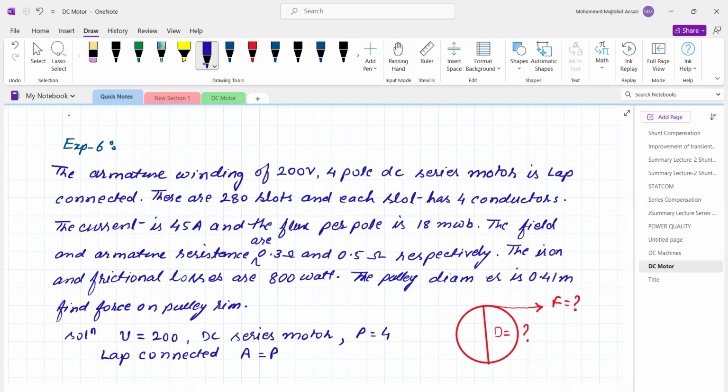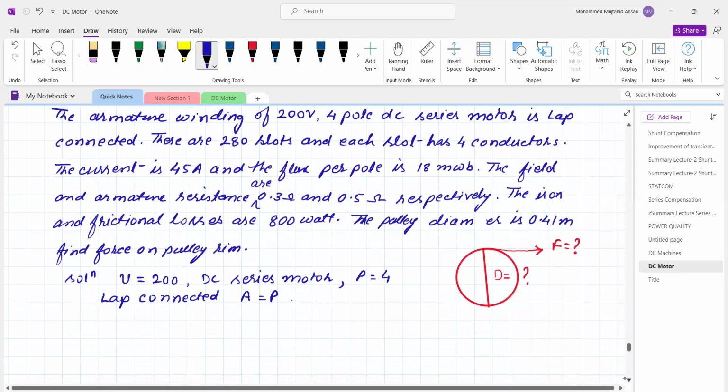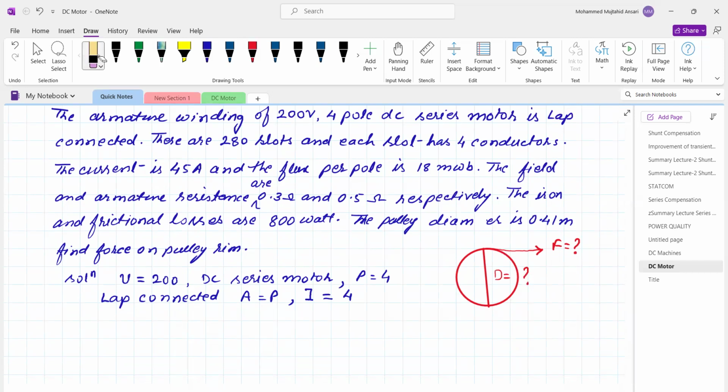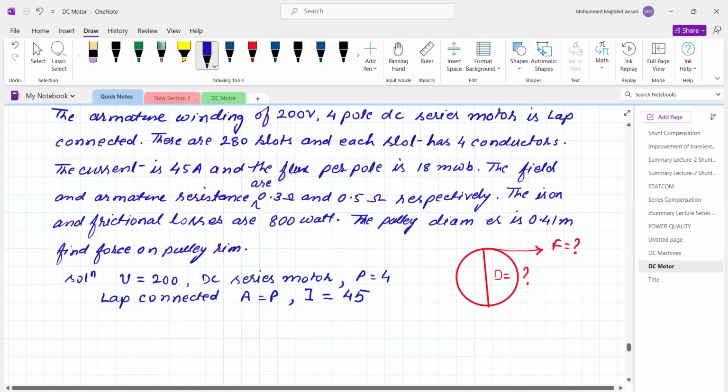The current is 45 ampere and the flux per pole is 18 milliweber. So the current drawn by the motor, the armature current, is equal to the series current, which is equal to the load current since it is a series motor. So it is 45 ampere. And the flux per pole phi is equal to 18 milliweber, means 0.018 Weber.